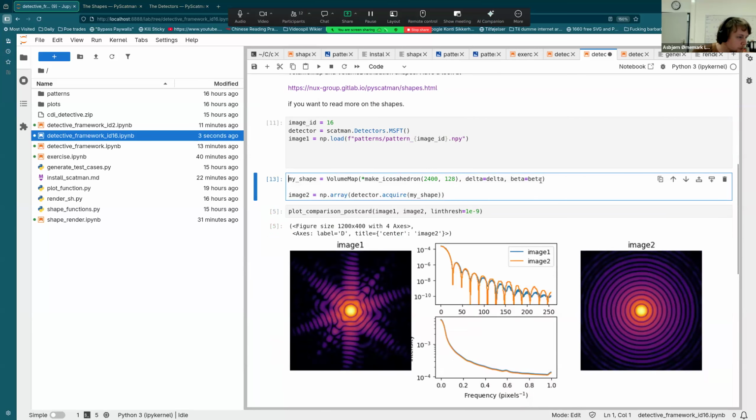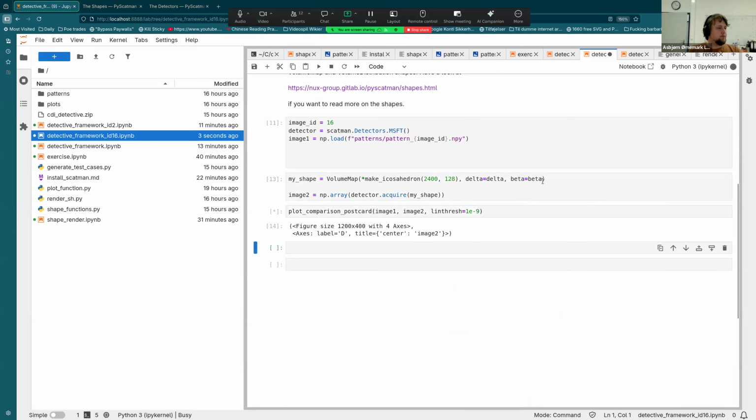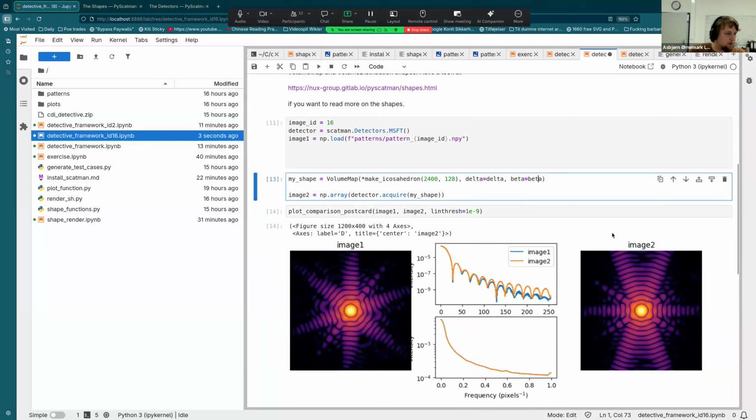Another thing that most of these shapes support is that you can give them a rotation. There are three different rotation parameters. There's rotation latitude: you imagine you have a globe and you tilt it like this. Then there's longitude, which I guess goes this way.